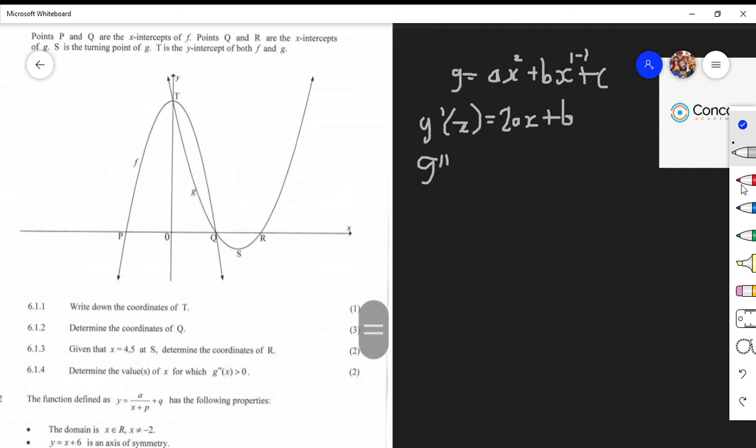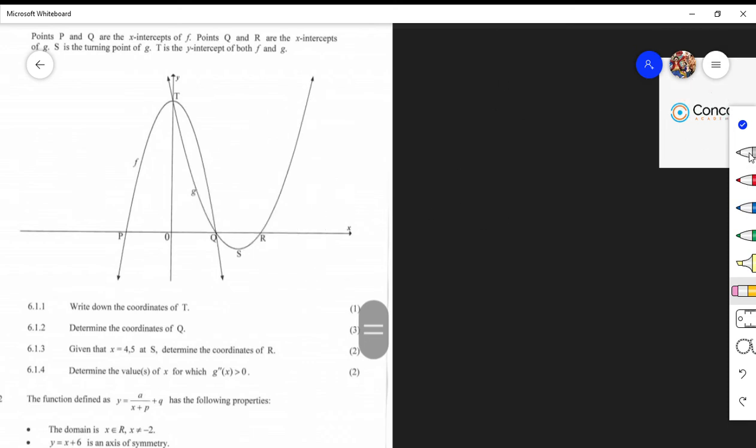Okay, let me re-explain. So when you derive, we've got our main equation g of x, which is equal to ax squared plus bx plus c.